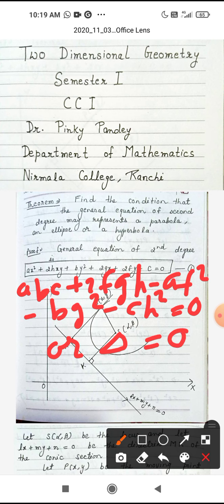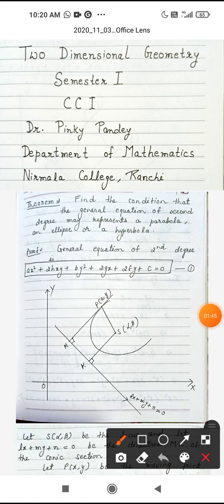This expression abc plus 2fgh minus af square minus bg square minus ch square is also written as delta. So if delta equal to 0, equation 1 will represent a pair of straight lines.